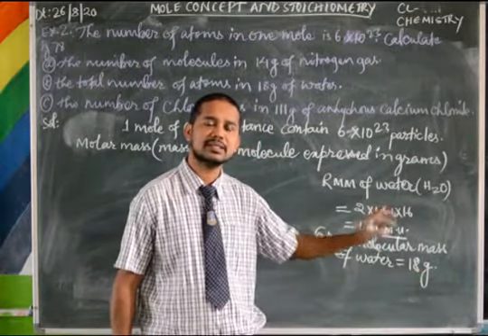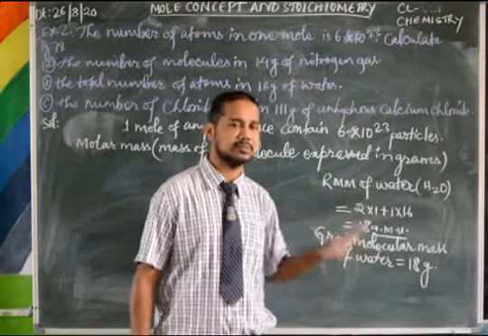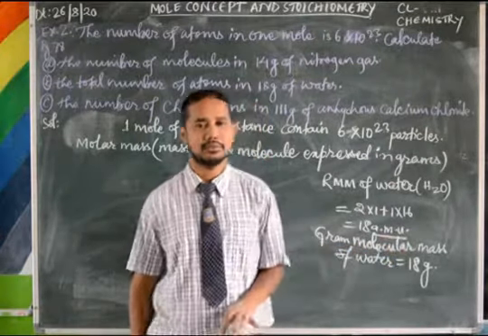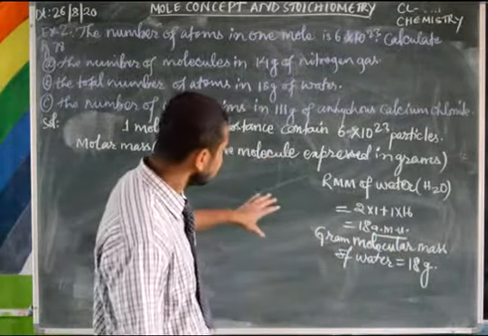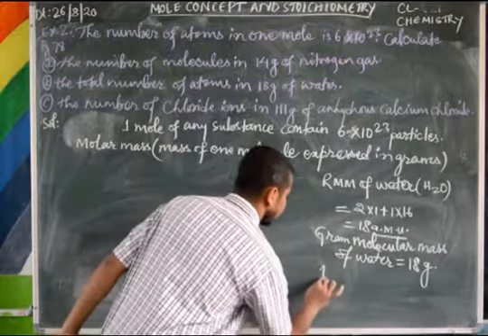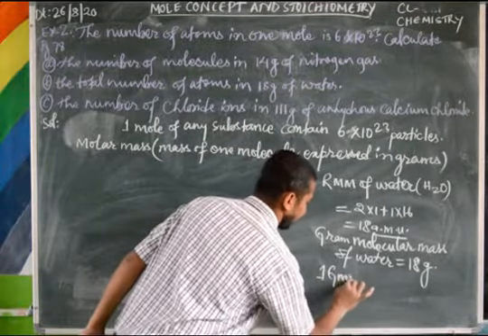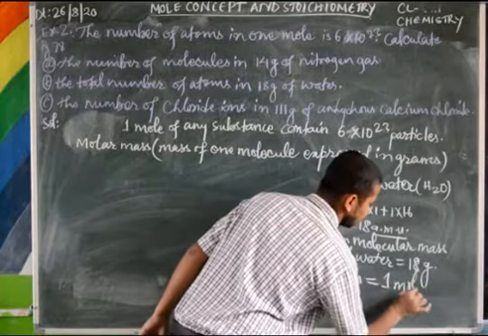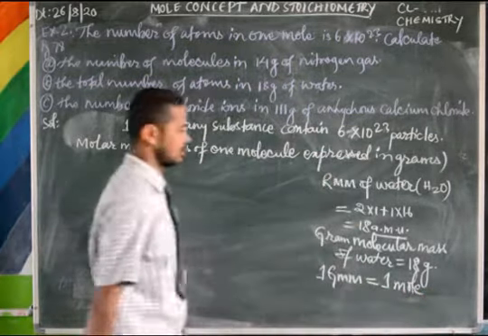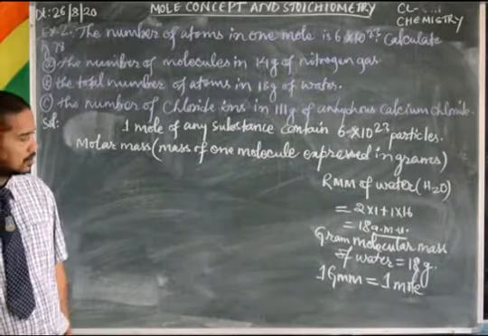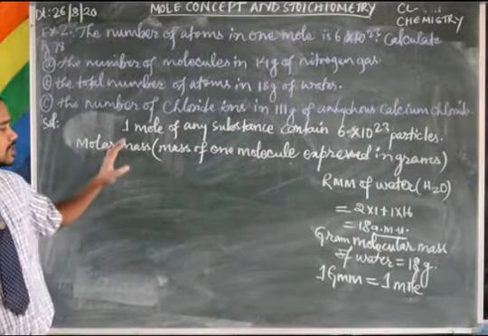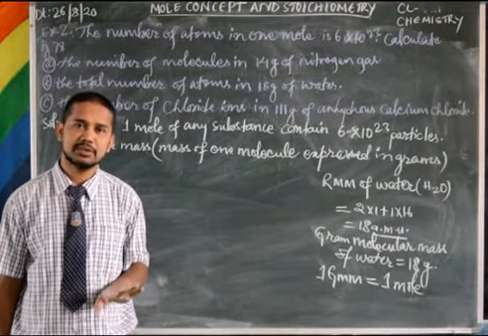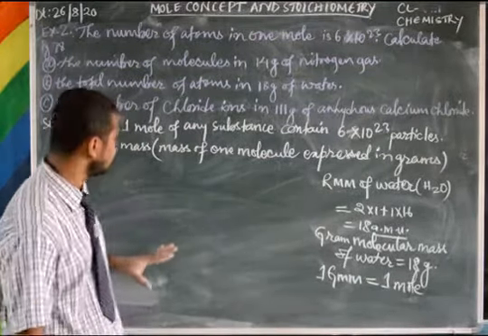So 1 gram molecular mass is equal to molar mass or 1 mole. That means molar mass is equal to gram molecular mass.